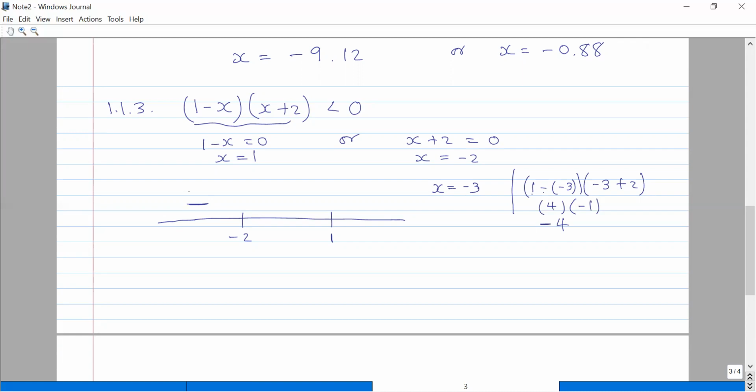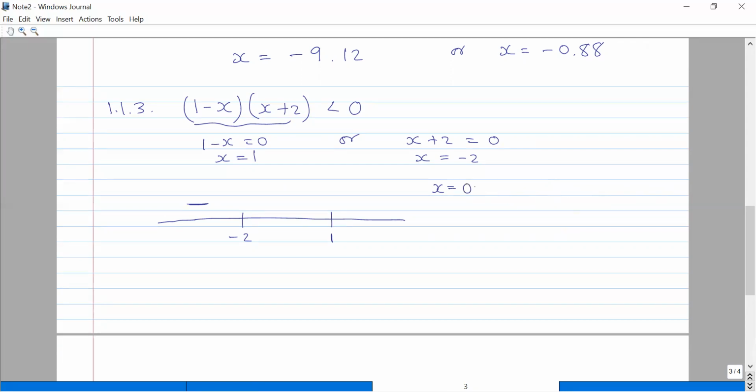Okay, so now let's move on to the other regions. So now we are interested in the region that is in between -2 and 1. So this is the region we're looking at now. So let's pick any value. So I usually, when we have something like this, because 0 is in between here, let's just pick 0.